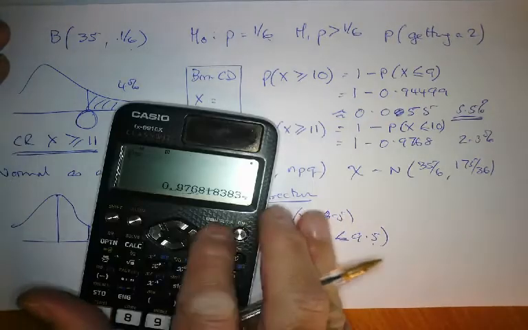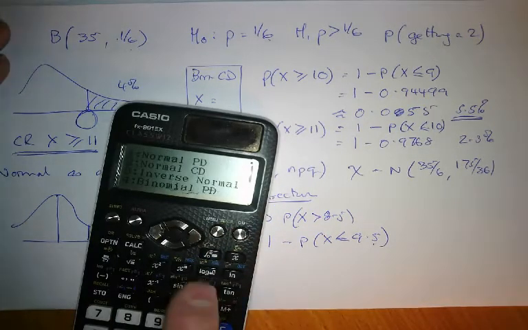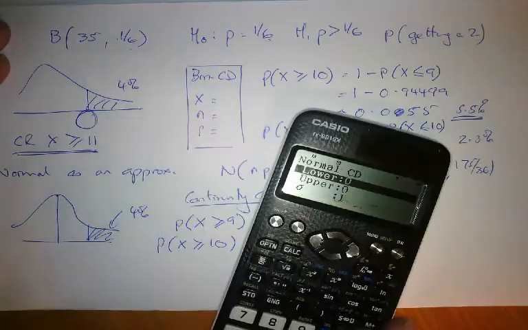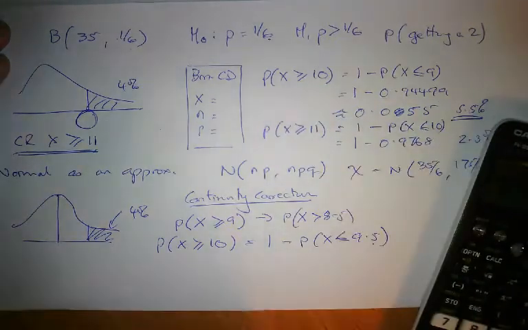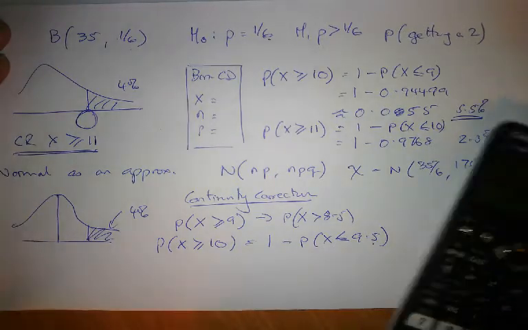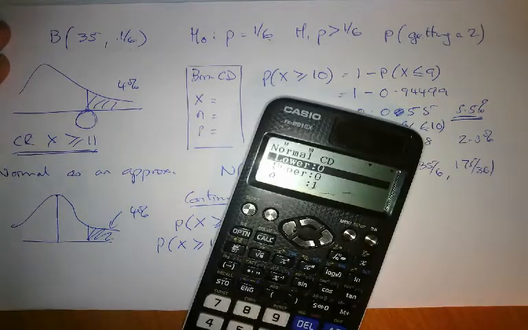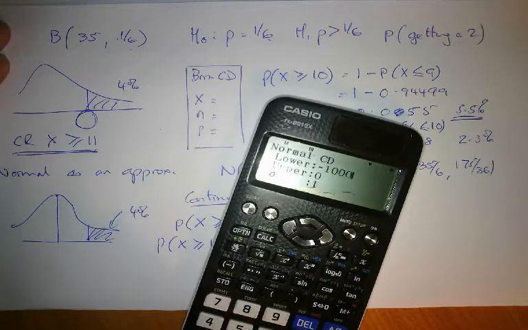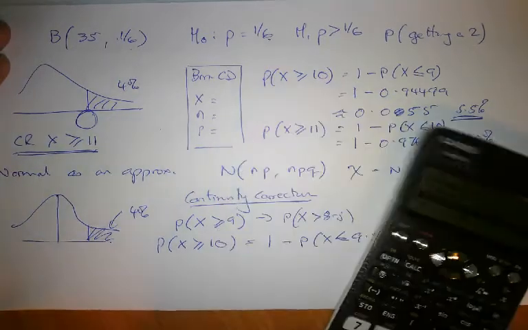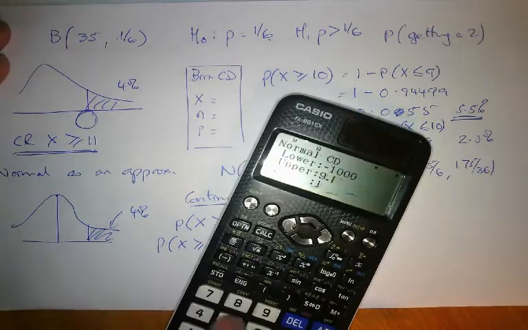So it's a normal distribution. So here we go to 2. And what I've got to try and do is work out the probability that x is less than or equal to 9. So I'm going to put in minus 1,000 as my lower, and my upper is going to be 9.5.